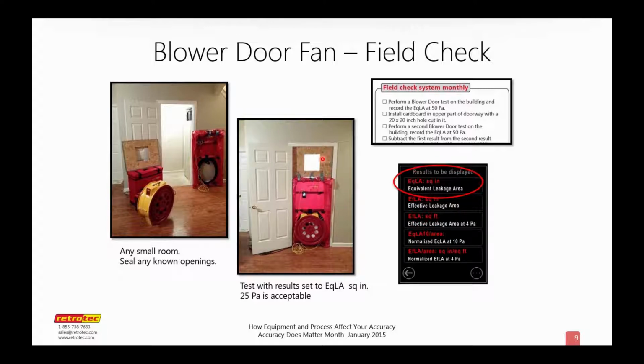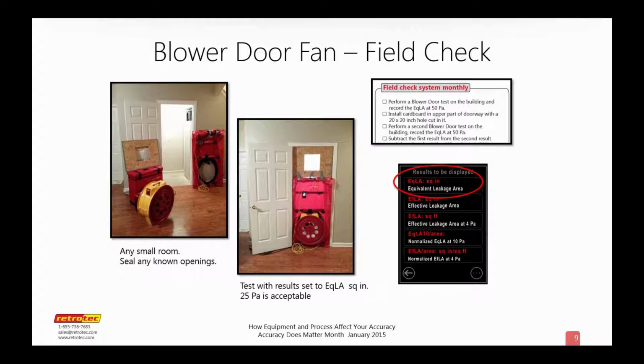For our purposes, we are going to use a hole that is 20 inches by 20 inches. When we run our EQLA, the equivalent leakage area in square inches, we want it to show 20 by 20, or 400.